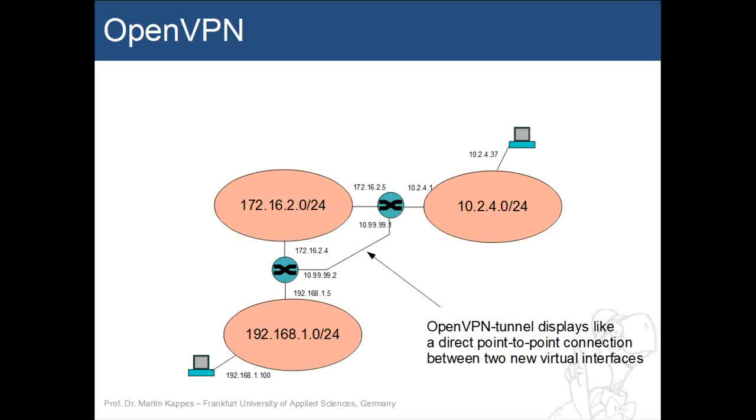And in a similar scenario to the one which we just illustrated for IPsec, what would happen with OpenVPN is that you would basically set up two new virtual interfaces here, which are point-to-point interfaces connecting the two routers here. So this is how OpenVPN would actually display on the routers. You would basically see a point-to-point connection between the two routers here.